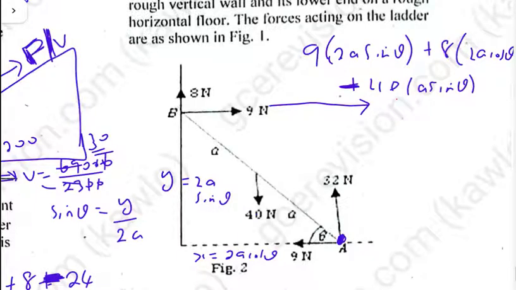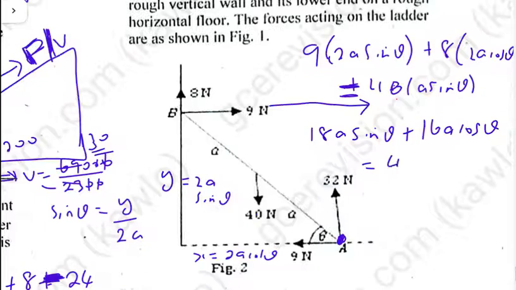This is the anti-clockwise moment. These two turn clockwise, and one is turning anti-clockwise. So here we have 9 times 2a, so 18a sine theta plus 16a cos theta equals 40a sine theta.